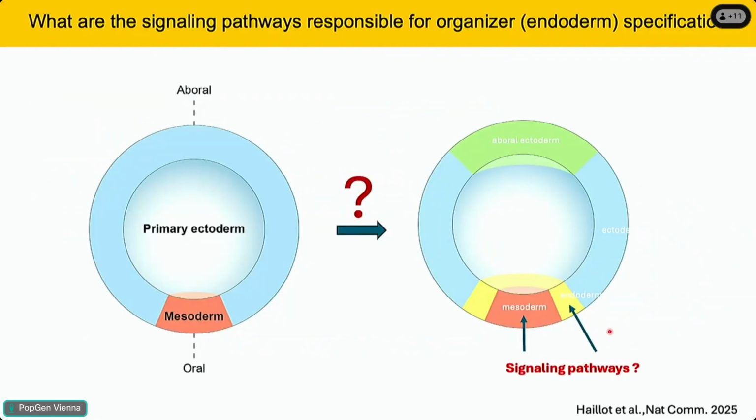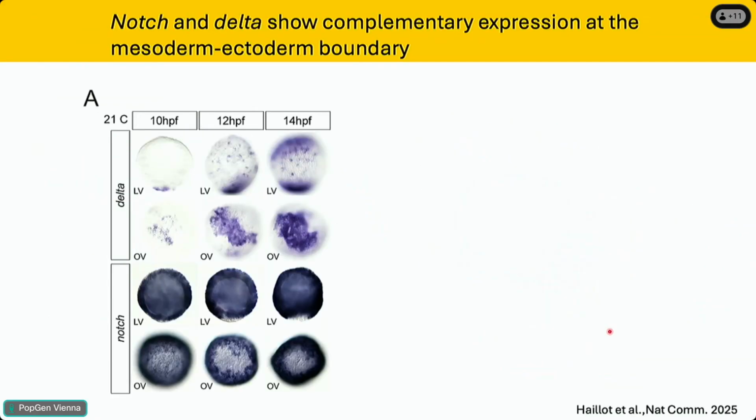This is again the question of signaling, and for this we had a candidate signaling pathway which would be suitable for making boundaries, and that's the Notch signaling pathway.